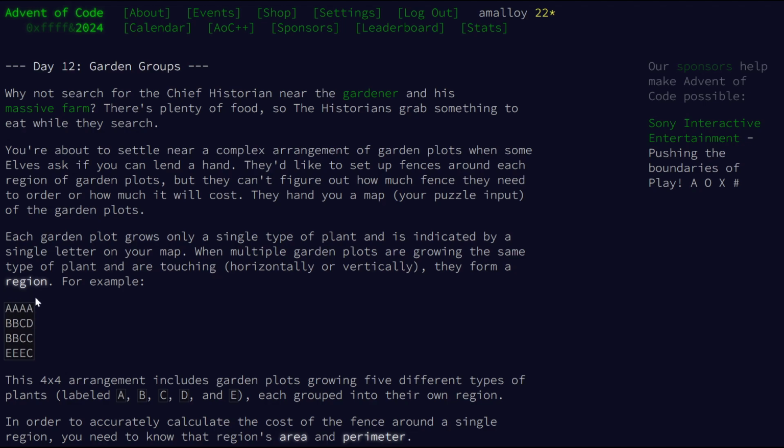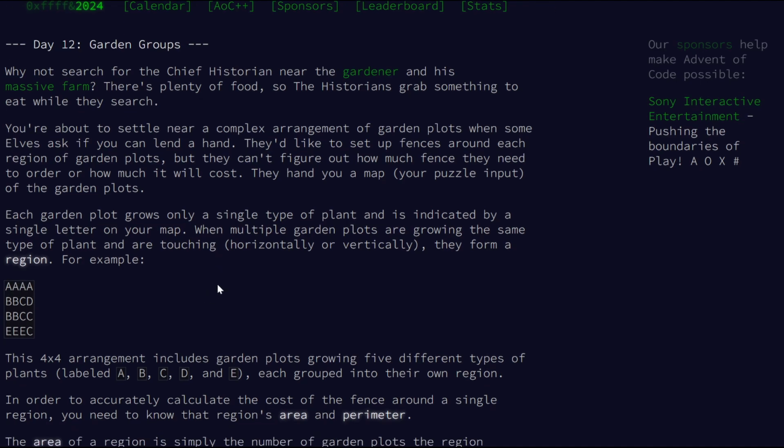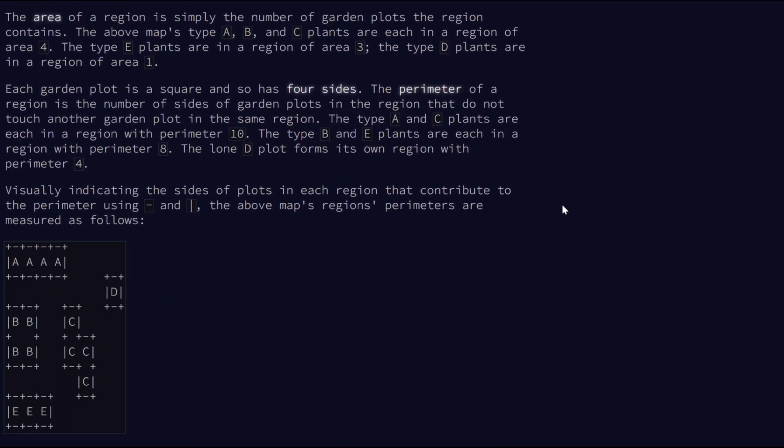There's 4 on the top, 4 on the bottom, 1 on the left, 1 on the right for this A. C, let's see, start at the top. 1, 2, 3, 4, 5, 6, 7, 8, 9, 10. So the same size as A. I bet B will be smaller because it's packed more efficiently into a square. Yes, B has a perimeter of 8. Okay.